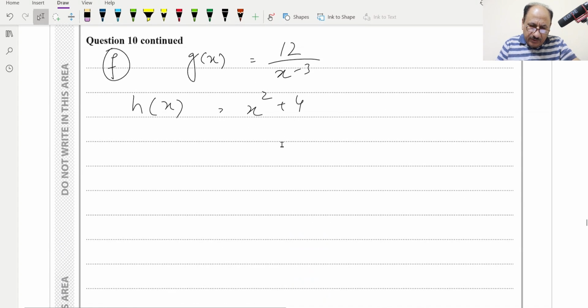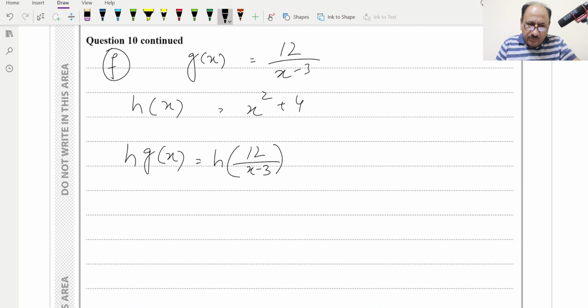Now we can find h of g of x, so h of g of x will be h of 12 over x minus 3.